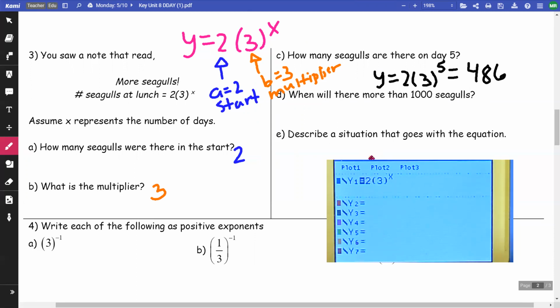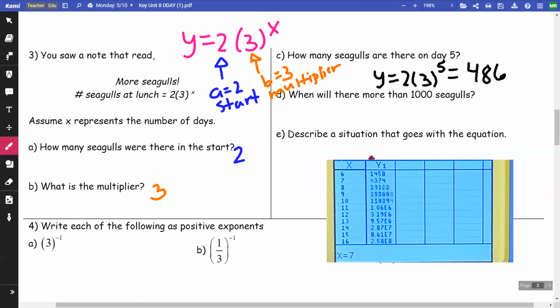So I'm going to go back to my table. I'm going to go up until I see what I'm looking for, 1,000. So we know that day 5 is 486.